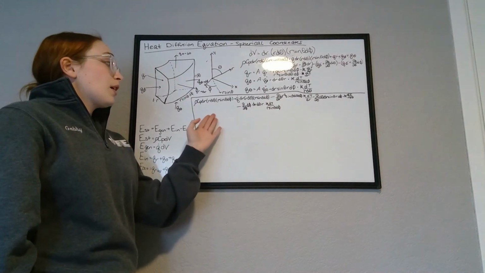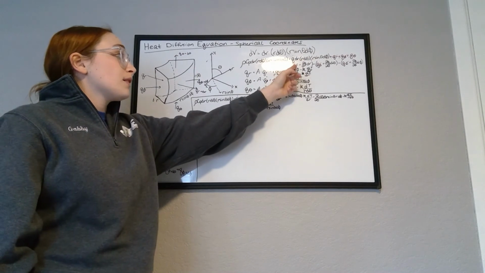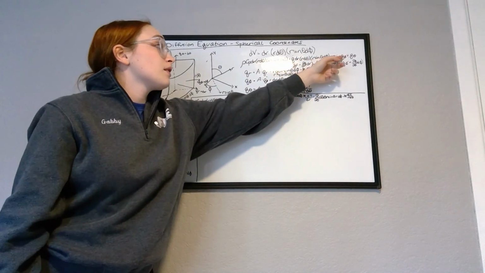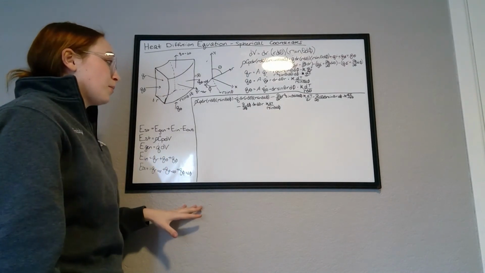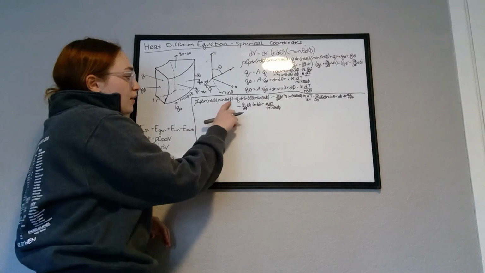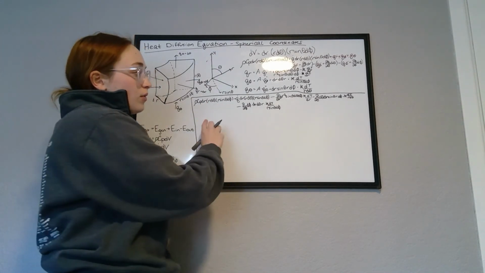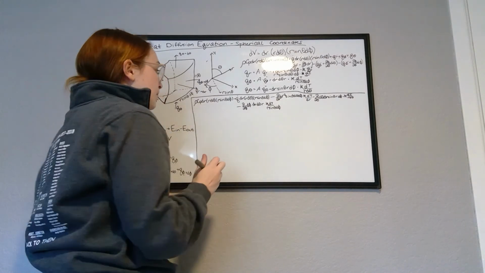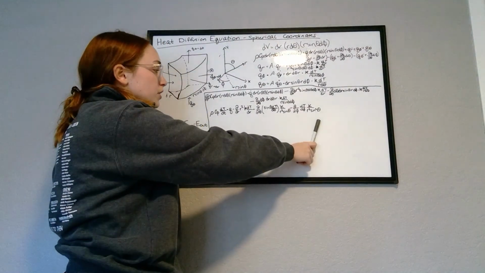Alright, I went ahead and plugged these into the partial derivatives and canceled out the flow as we did with the Cartesian coordinate system, and now we can similarly go ahead and divide by the volume as we did previously, and I will go ahead and write out that next step. I wrote out the next simplification.